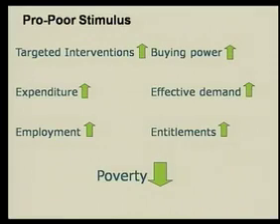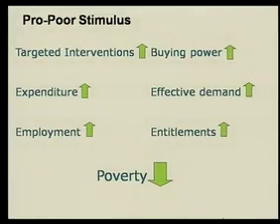But before going to that, let me just very briefly tell you about the pro-poor stimulus. You have a targeted intervention, like for instance, you're giving land reform, credit, or you give a guaranteed wage and work mechanism, like they do in India. So when you are given guaranteed work hours and wages, what does it mean?